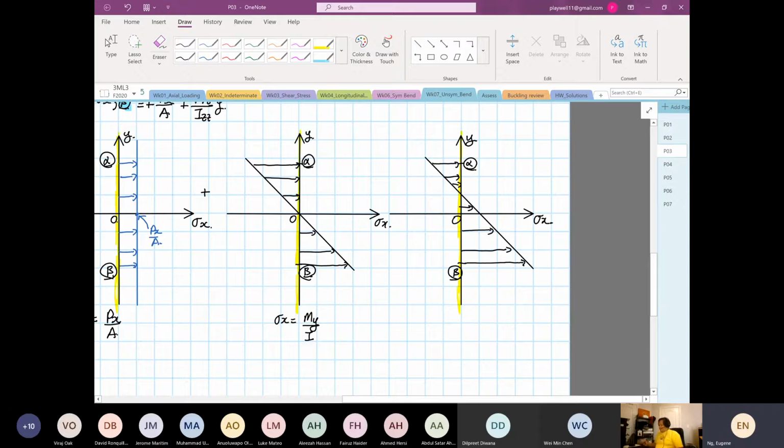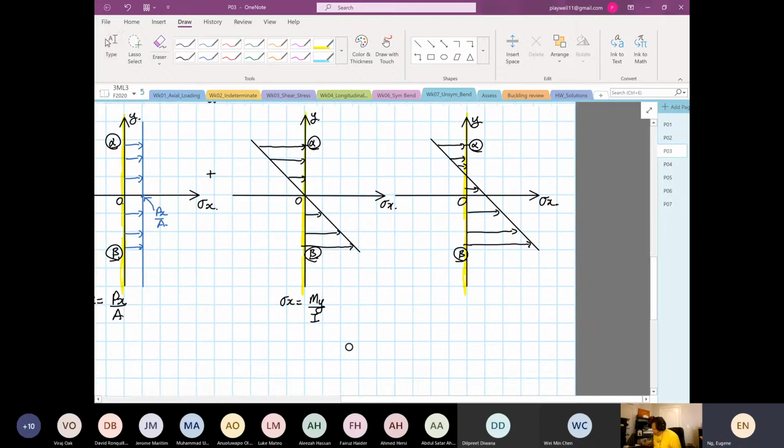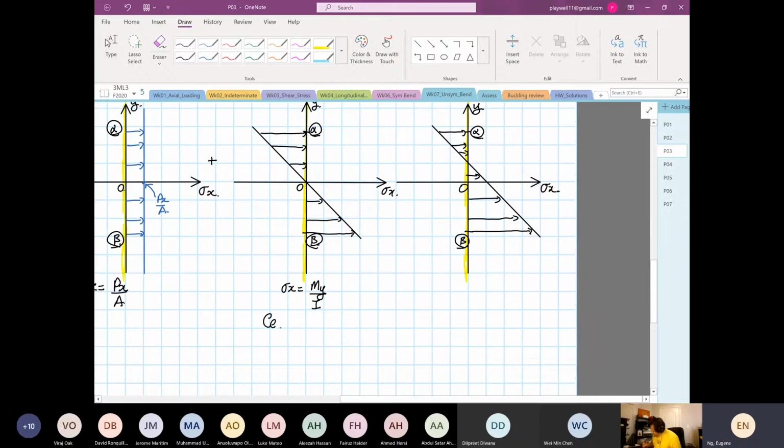If the loading is centric loading, which is what we have always been doing before, the centroid and neutral axis are at the same position.